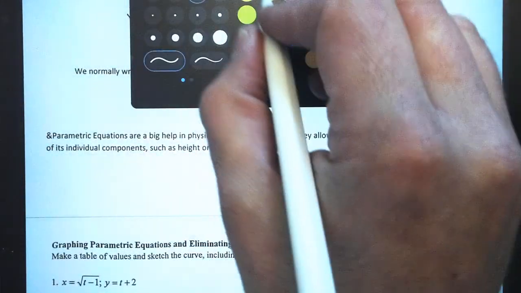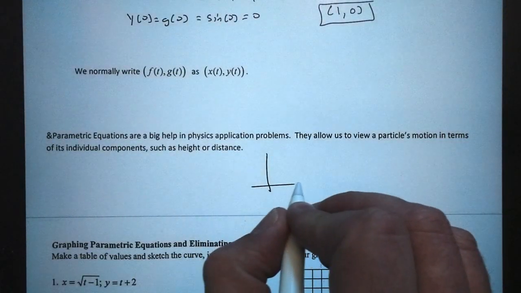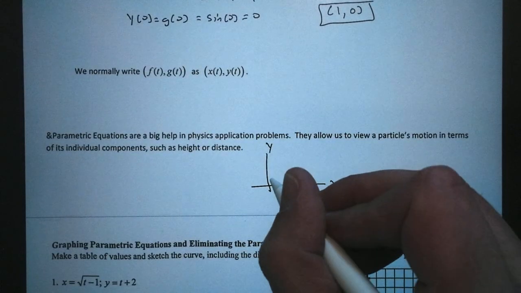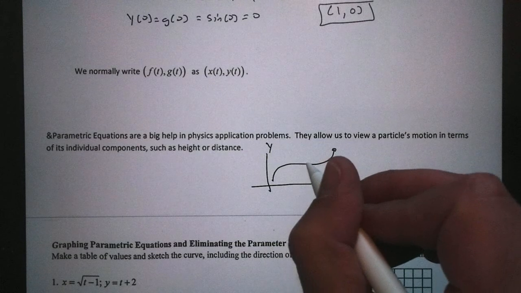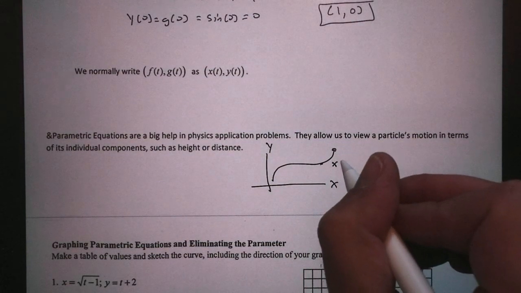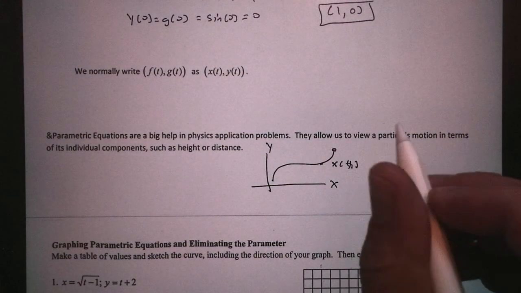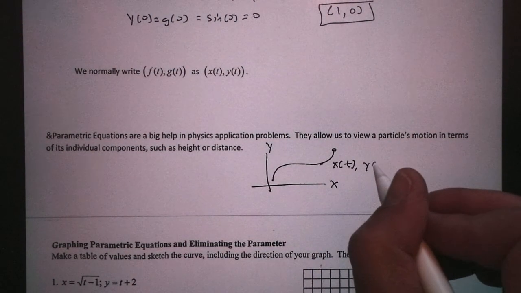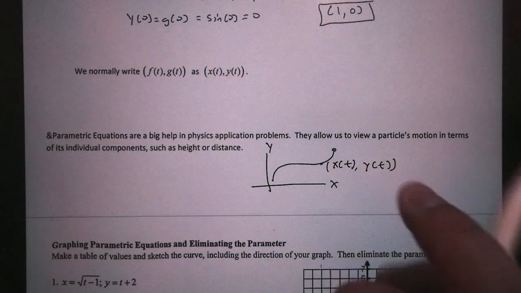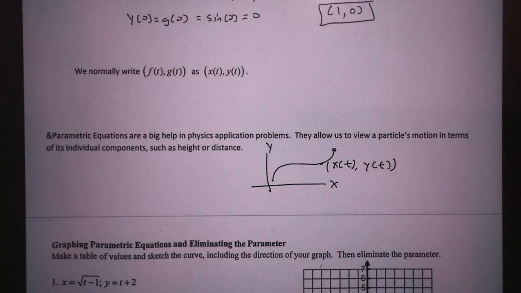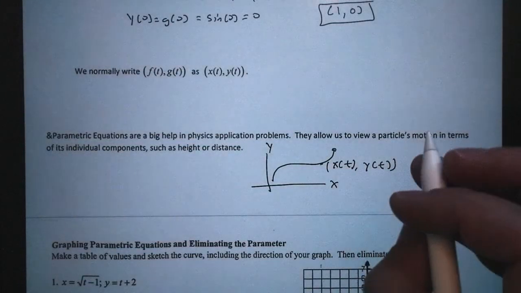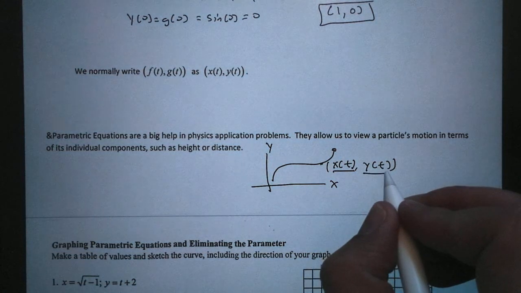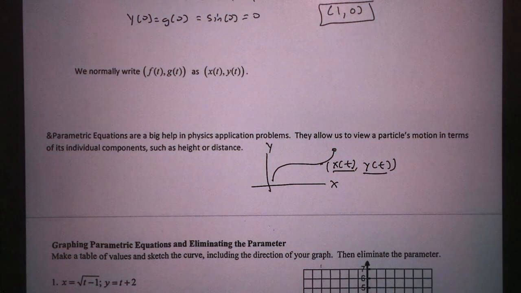If I have a particle moving on the xy plane, it will allow us to get the position at any given time where x and y are independent of each other. We see this in physics. For example, I can get my horizontal position and my vertical position independently from each other. I can't remember those physics equations.